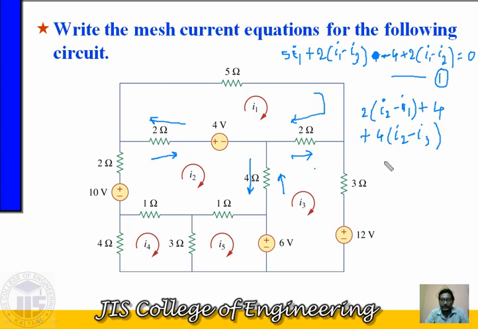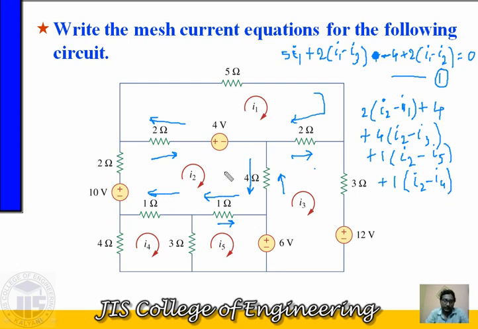Then again 1 ohm resistance, so plus 1 into I2 minus I5, since I2 current is in this direction and I5 is in this direction. Then there is one more 1 ohm resistance, so plus 1 into I2 minus I4.